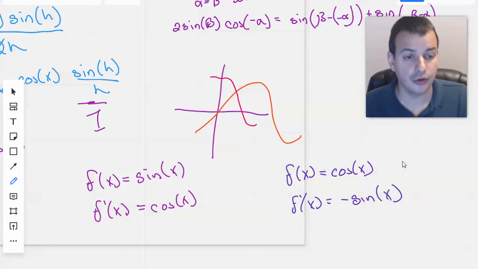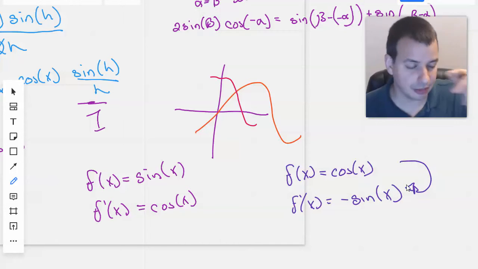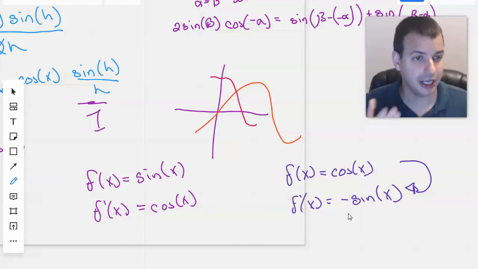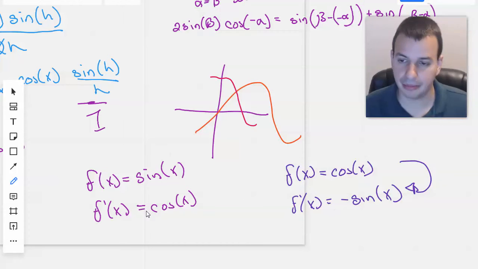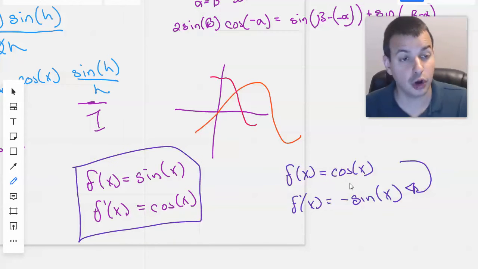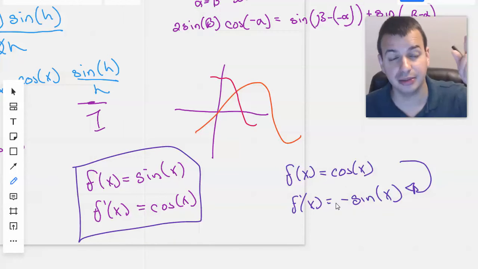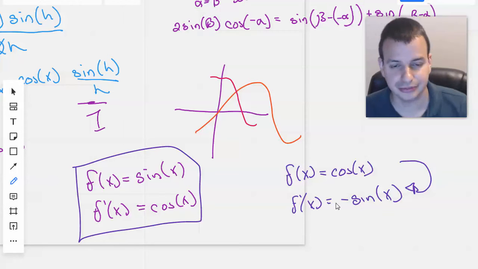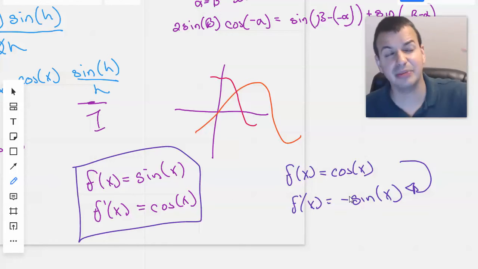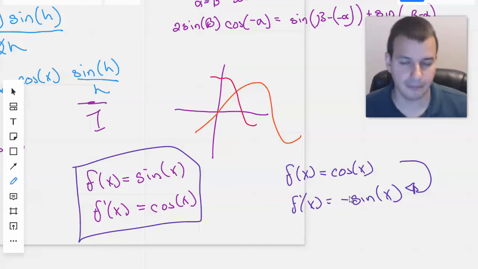And so for cosine, you have the same relation as you do with sine, except that you get the opposite sign, which is why it's important to memorize this right here, so that when you do the derivative of cosine of x, you can be like, okay, it's similar, but just the opposite. So this is the one I memorize. This is the one that I kind of do. And like, okay, same thing, just opposite sign.